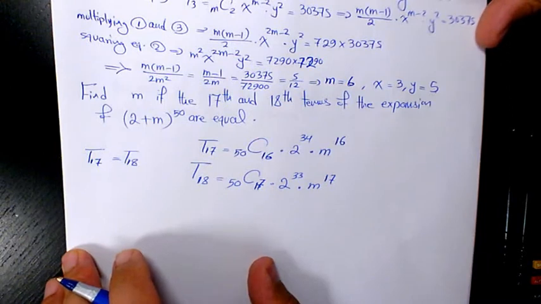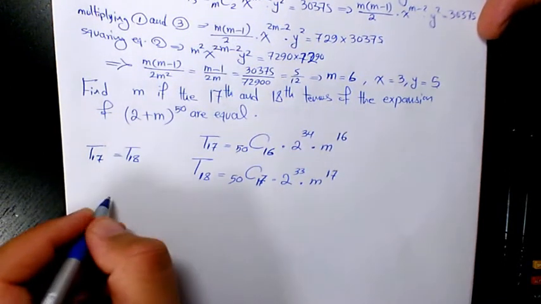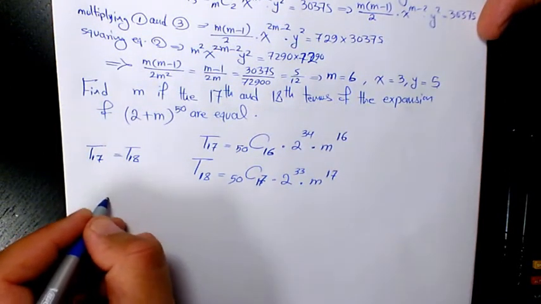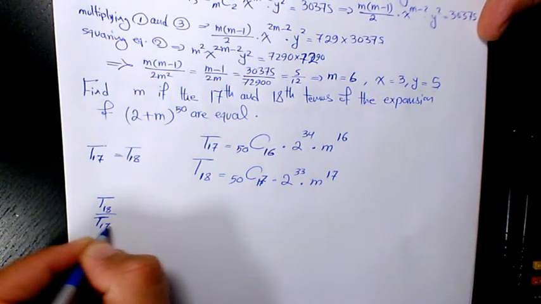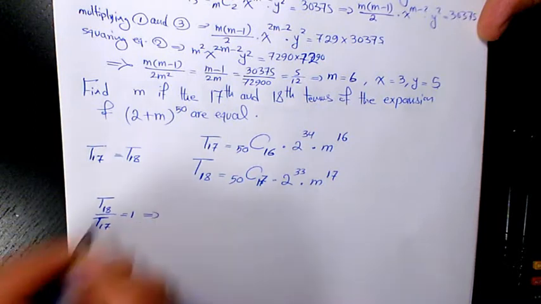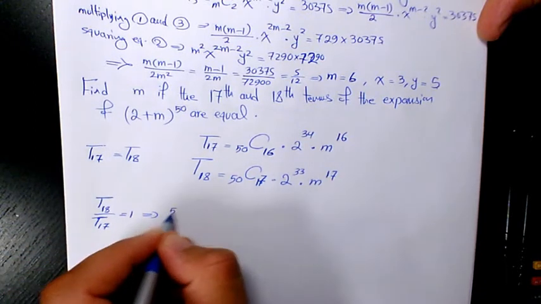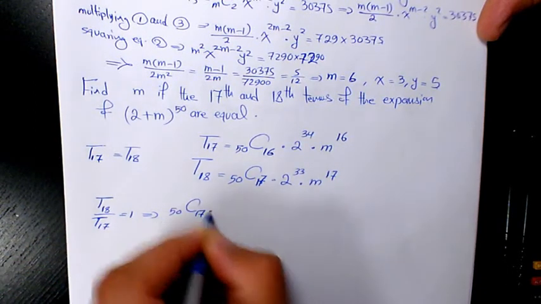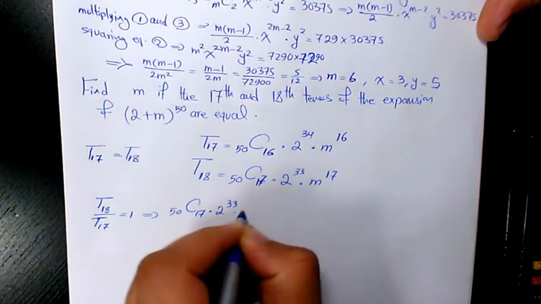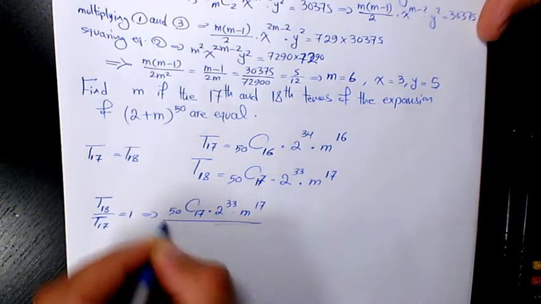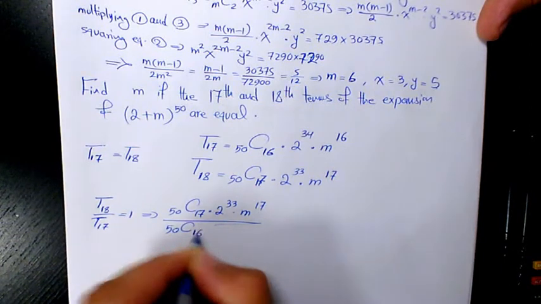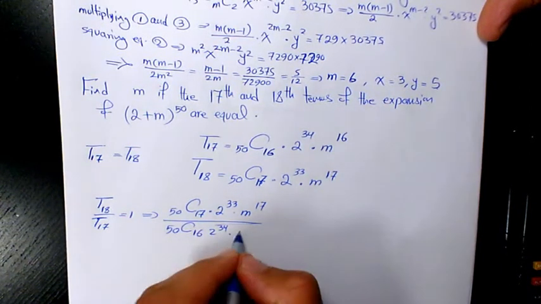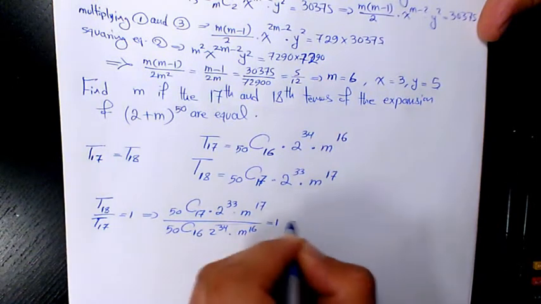So we can say that T18 over T17 is supposed to be equal to 1, because they are equal. So 50C17, 2 to the power of 33, m to the power of 17, over 50C16, 2 to the power of 34, m to the power of 16 equals 1.